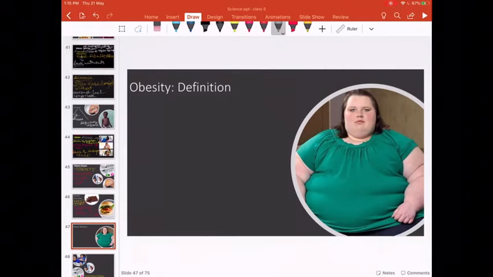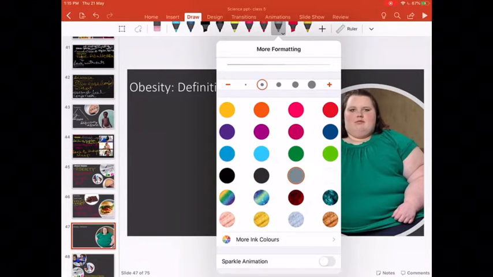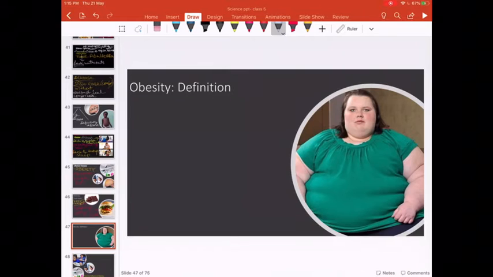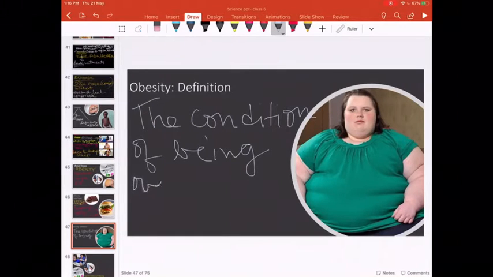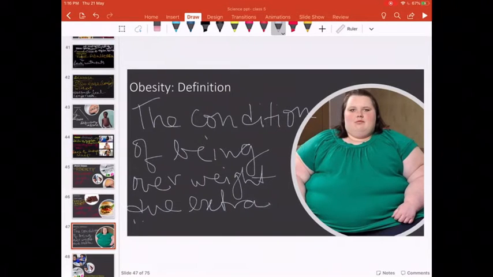So we can define overweight as the condition of being overweight due to extra fat in the body.